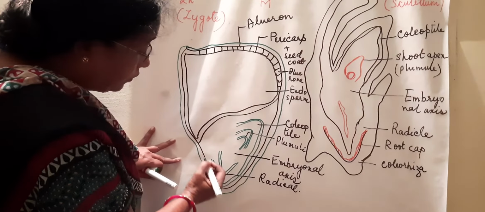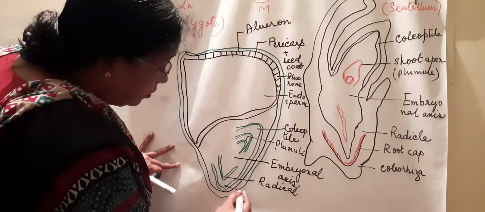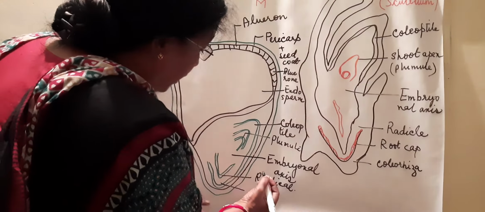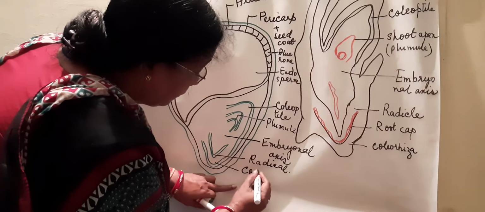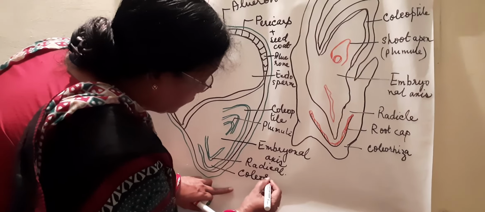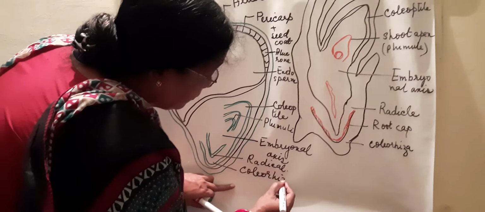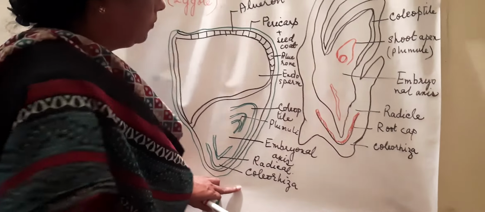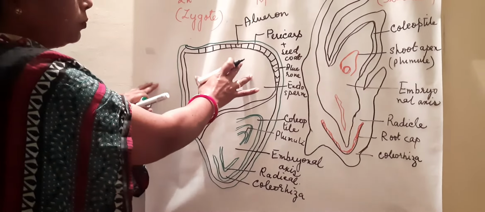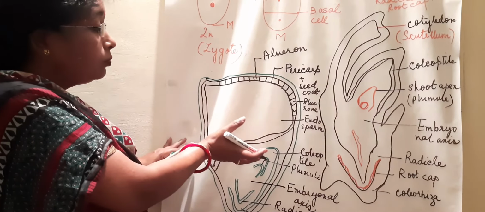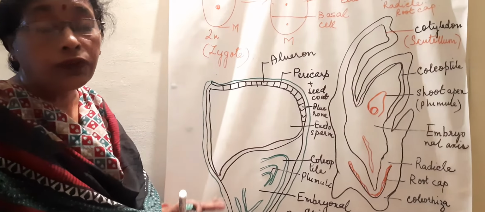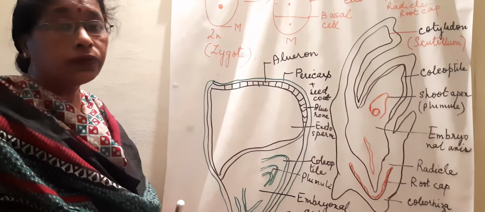And a protective covering covers the radicle and the root tip, which is known as coleorhiza. The endosperm portion is quite big, and the whole of the endosperm is utilized during the development of the embryo.